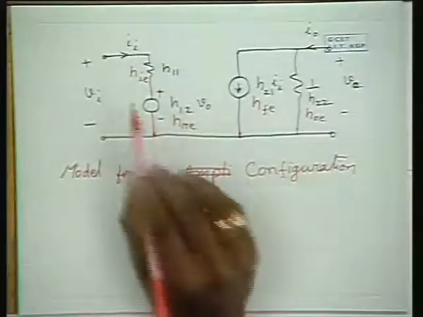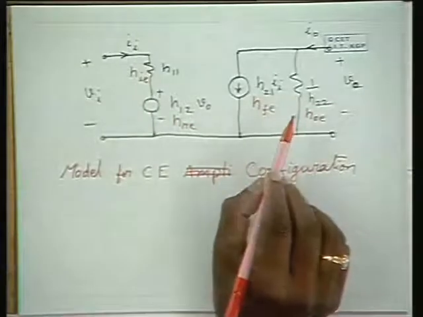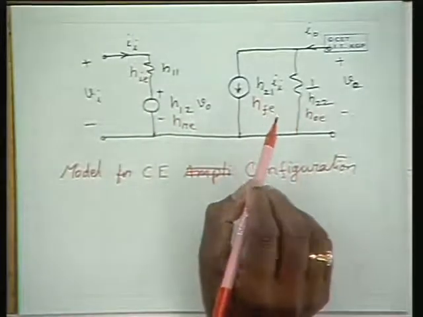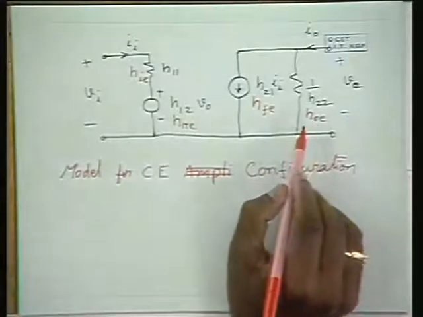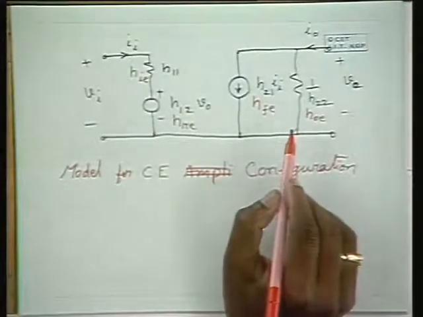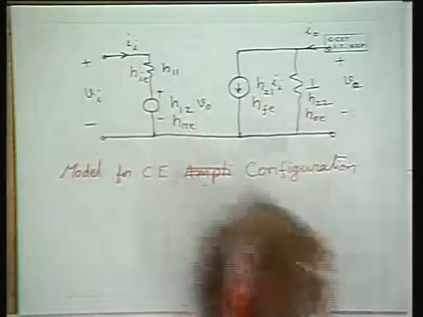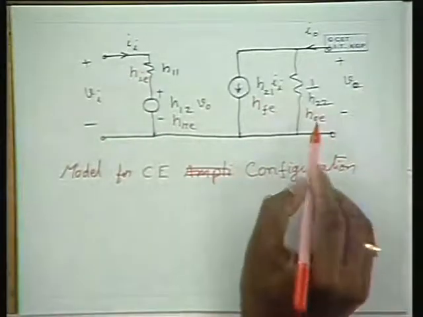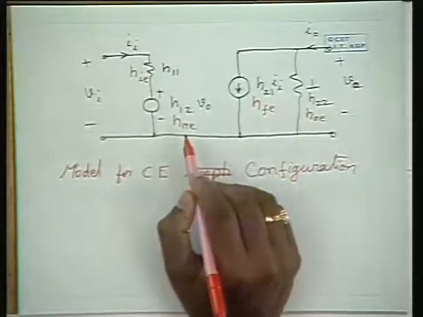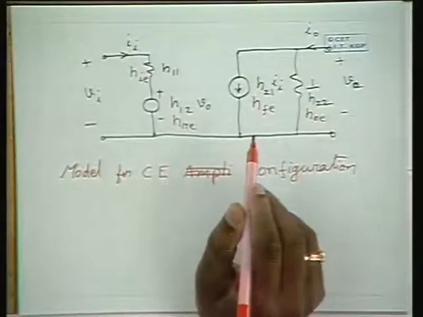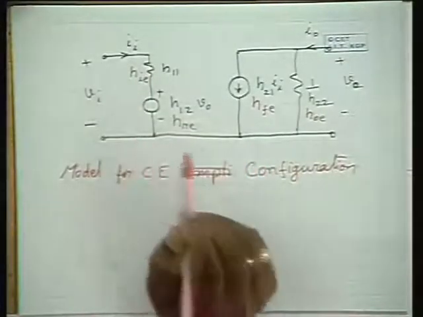Similarly, HFE is the forward current transfer ratio in common emitter configuration. HOE is the output admittance, open circuit output admittance in common emitter configuration. And similarly, HRE is the reverse voltage transfer ratio in common emitter configuration under open circuit conditions.